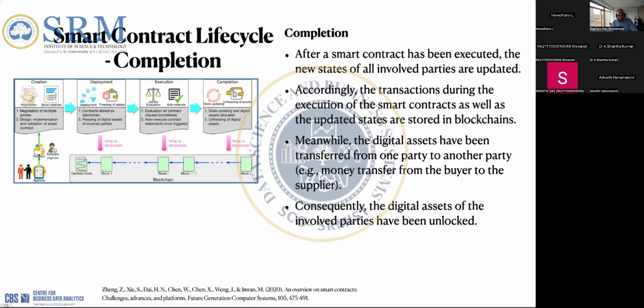And most importantly, the digital assets of the involved parties have been unlocked. So that means there is some kind of locking, because we need some kind of guarantees, right? And once the contract execution is complete, then these accounts will be unlocked.